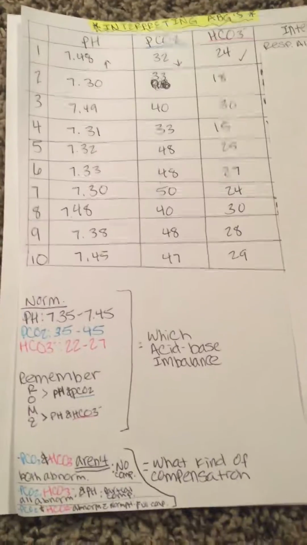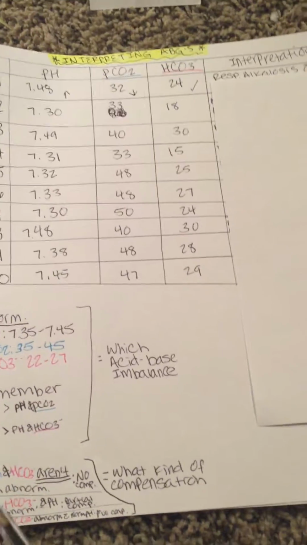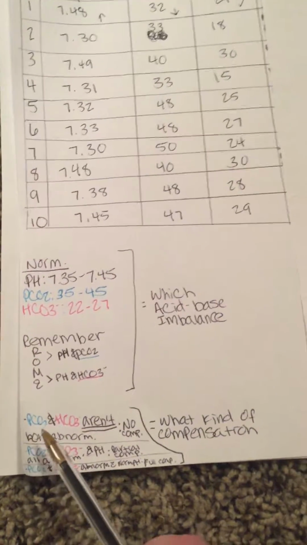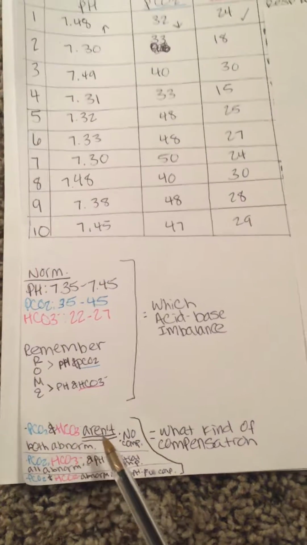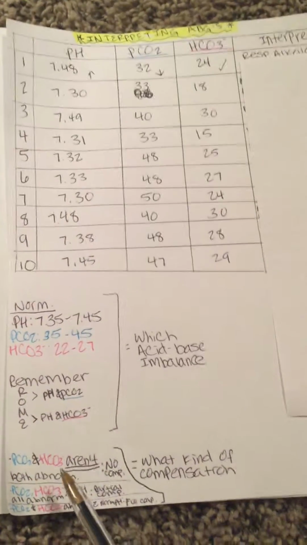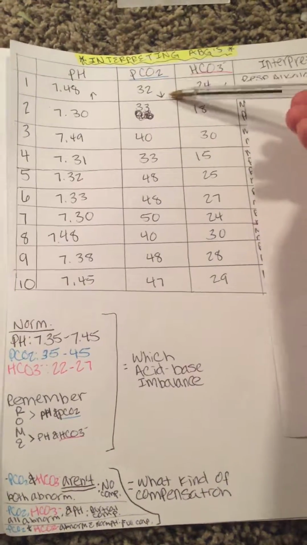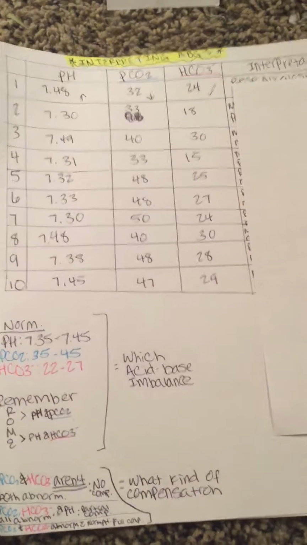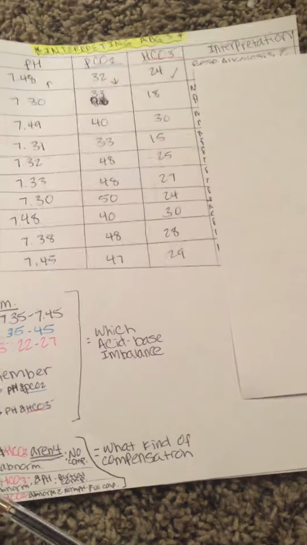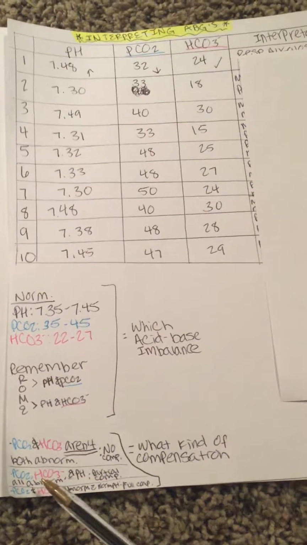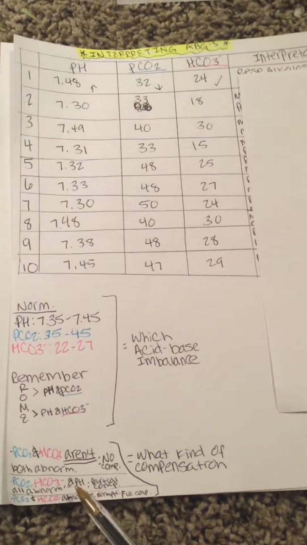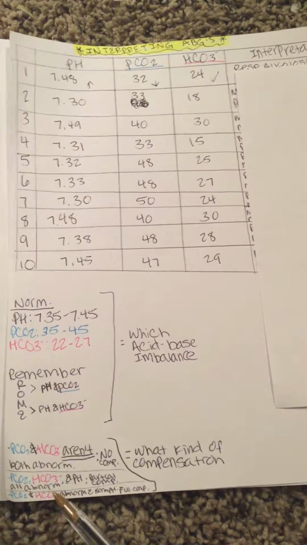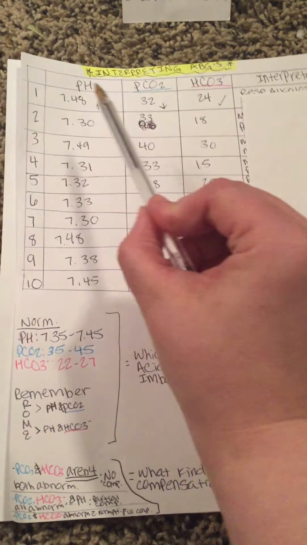And then you're going to go down here and answer these statements, okay? Your PCO2 and HCO3 are both abnormal. Are they both abnormal? No. PCO2, HCO3, and pH are all abnormal. Is that true?